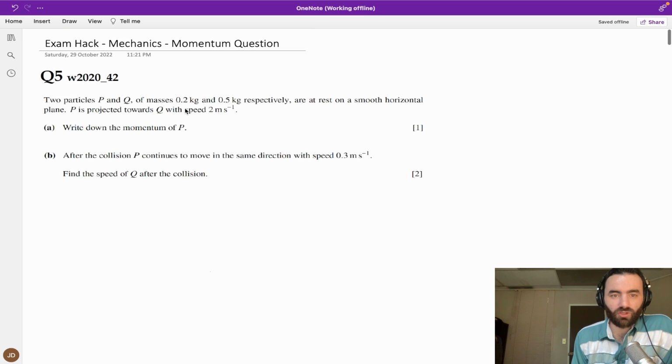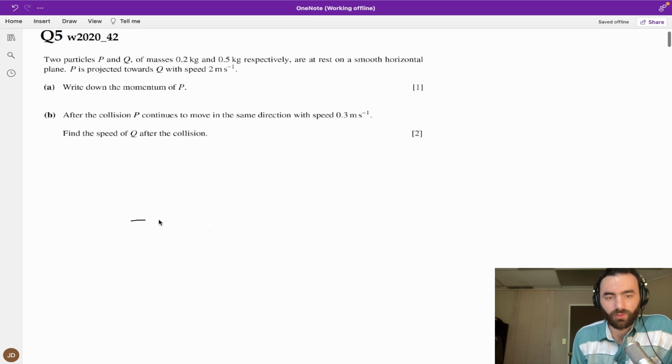2 particles P and Q have masses 0.2 and 0.5 kilograms respectively, and are at rest. It's usually like this, on some smooth horizontal plane, so we just draw this out really quick.